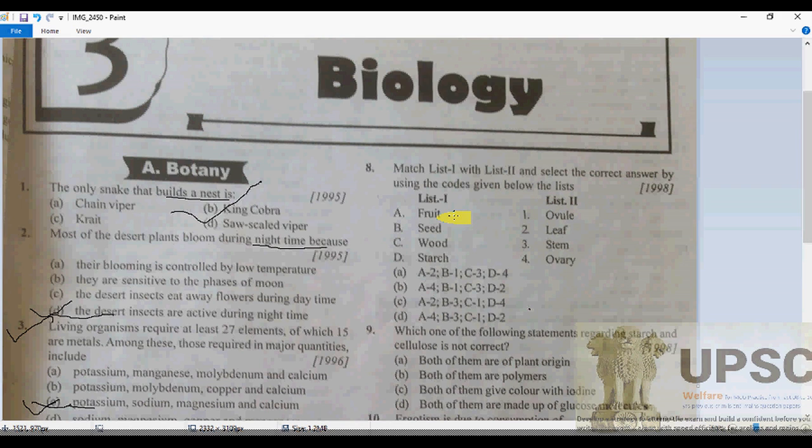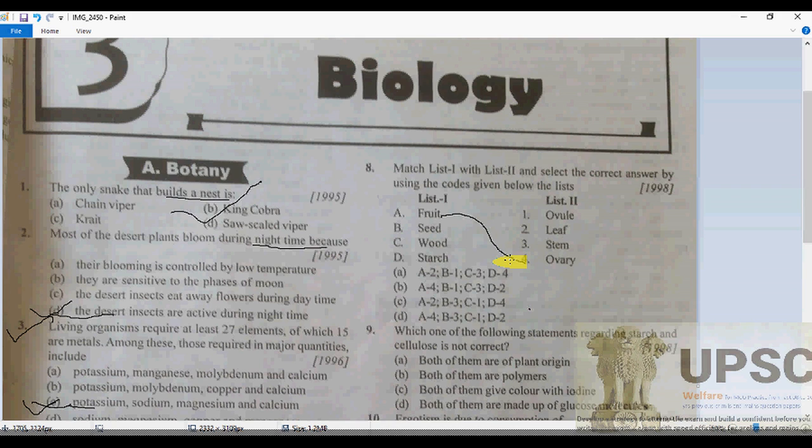As we know, fruit develops after the opening, so A is going to be 4. Question number 8, remember that A is going to be 4, because after the pollination of the ovary, fruit develops gradually from it.